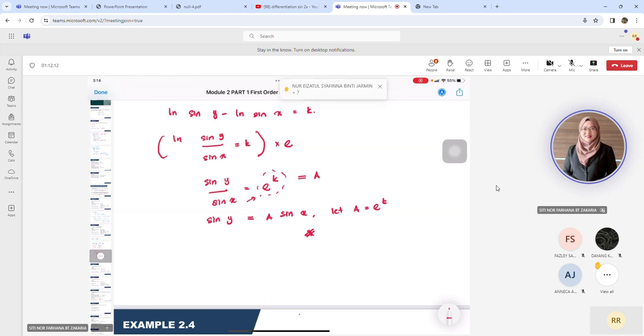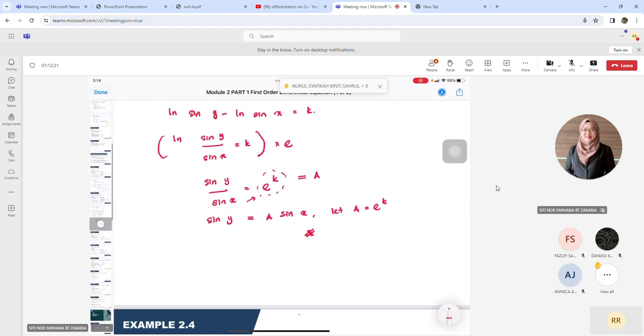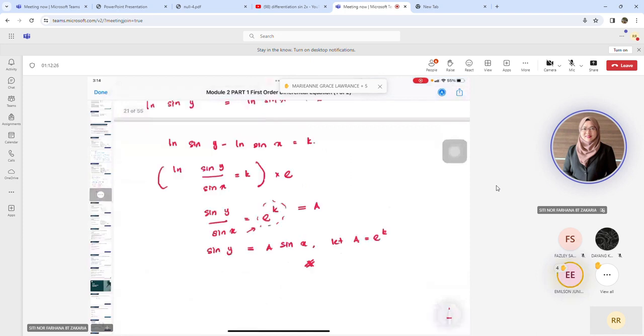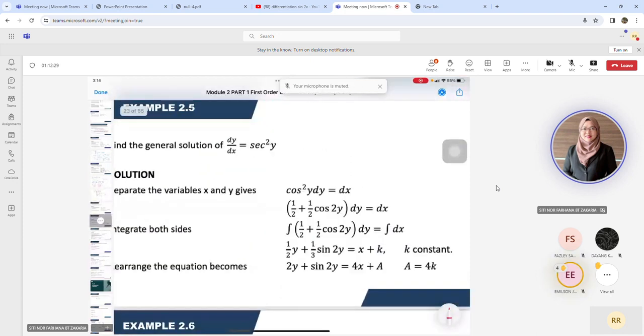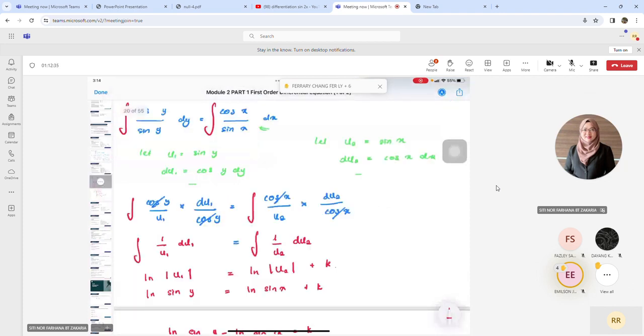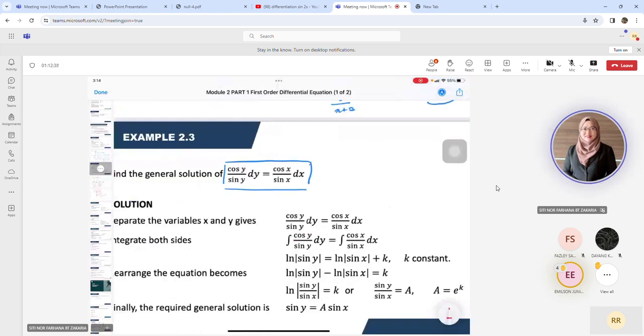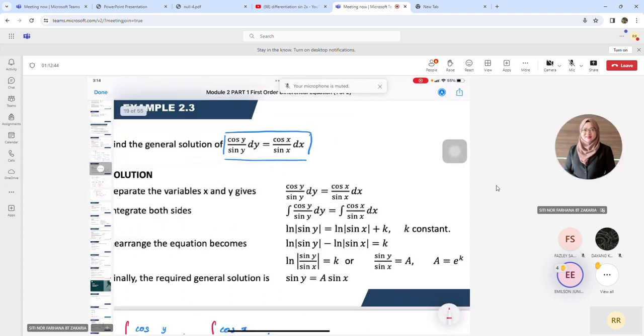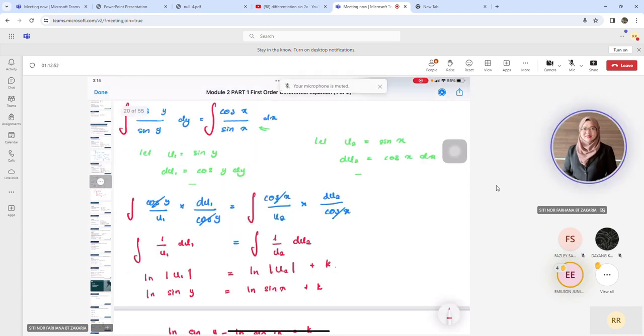So everyone understands? A little lost, doctor. Okay. At which part do you want me to repeat? Which part you want me to repeat? This part, this example, or this Example 2.3. Why did it suddenly become ln? Okay. Wait. Oh, okay, it's settled. Okay, clear? Okay, clear already.